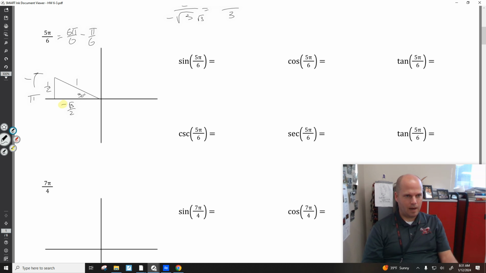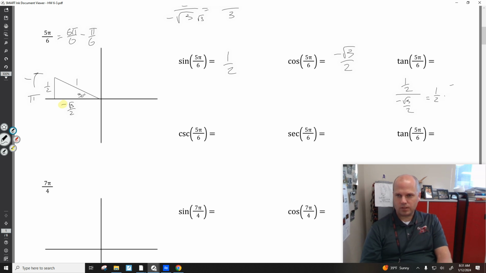Sine, opposite over hypotenuse. Hypotenuse is 1, so it's just going to be the opposite. Cosine, adjacent over hypotenuse, or just the x over the r. Tangent, opposite over adjacent. Hopefully we've done this enough that we know this is going to end up being root 3 over 3 after rationalizing.